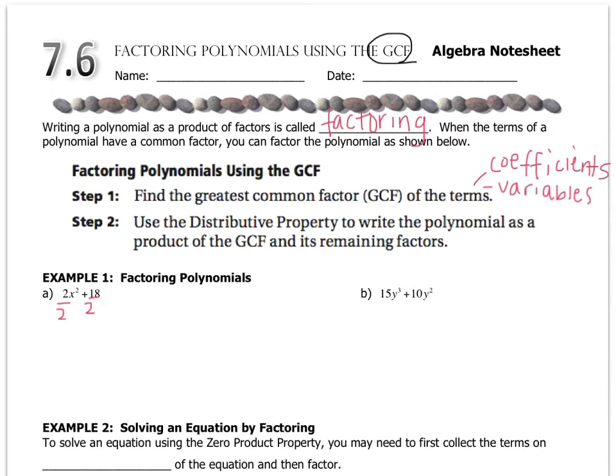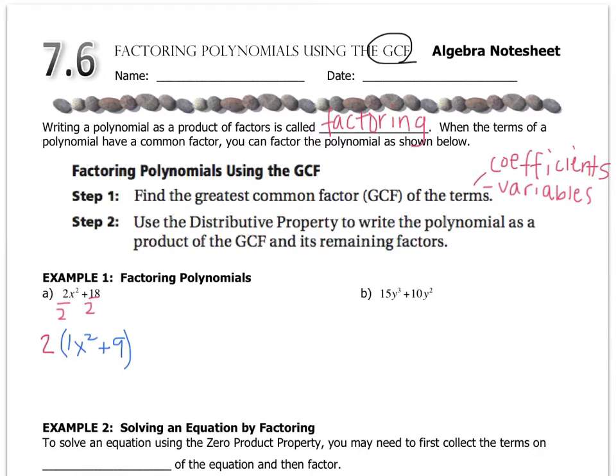So what do you get when you divide everything by 2? Well, 2x squared divided by 2 is just 1x squared. And if you wanted to write just regular x squared without the 1, you can. And then 18 divided by 2 is going to be 9. What you want to do is put that in parentheses and then put the 2 that you just had right here outside the parentheses.